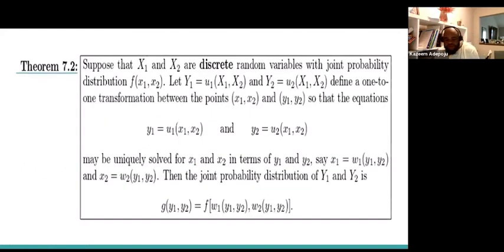Now, I want to talk about the two variable situation. In a two variable situation, you're basically going to be provided with a joint for x1 and x2.